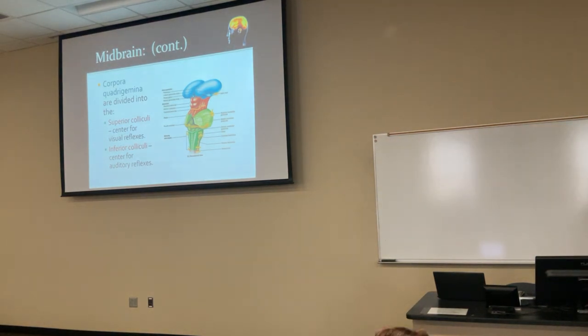The top 2 bumps are called the superior colliculi, which functions as a center for visual reflexes. And the bottom 2 bumps are called the inferior colliculi, and that's a center for auditory reflexes. So, vision and hearing are both interpreted by the cerebrum, but visual and auditory reflexes are integrated in the midbrain, in the superior and inferior colliculi, respectively.